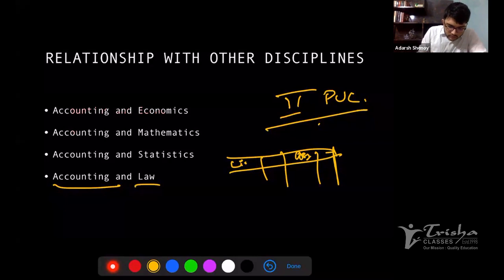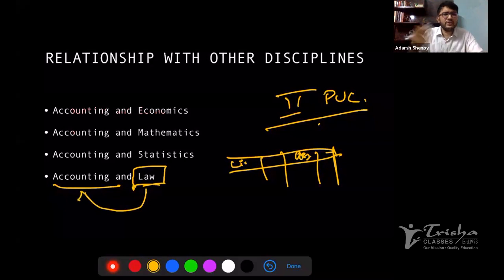So you know what I'm trying to tell you. The law has an impact on how we account, how we draw up the financial statements. The law governs this. The law tells us that you have to do it like this. At times, the law tells us this is how it is to be followed. So that is why the law also has an impact.